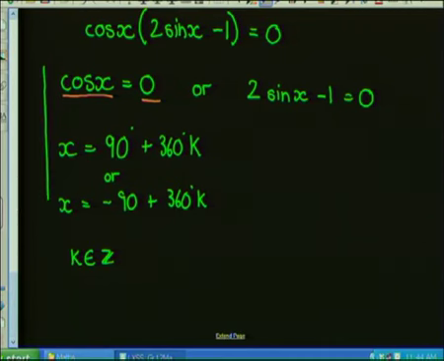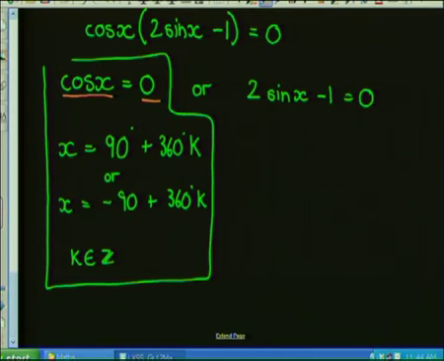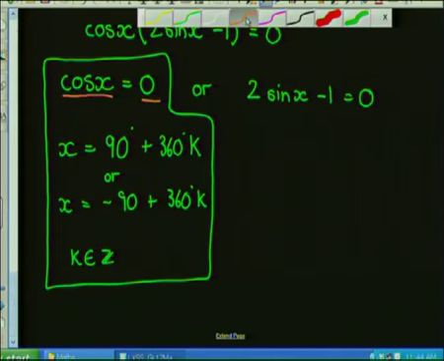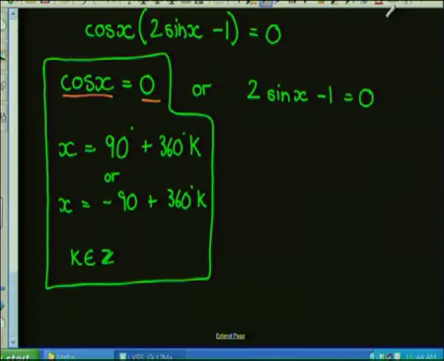So this is now what we've done over here. But we need to remember that we've still got to work out our value for the 2 sine x minus 1 equals 0. So remember the strategy is we want to get our trig ratio on its own. So we would begin by writing 2 sine x is equal to 1.